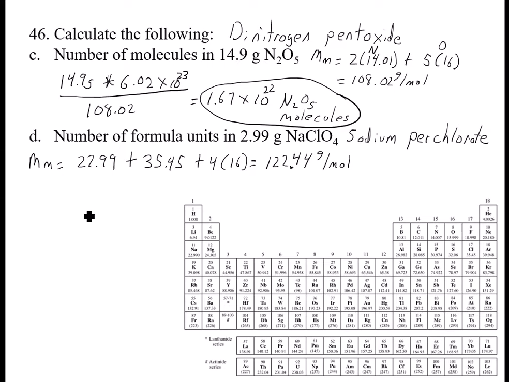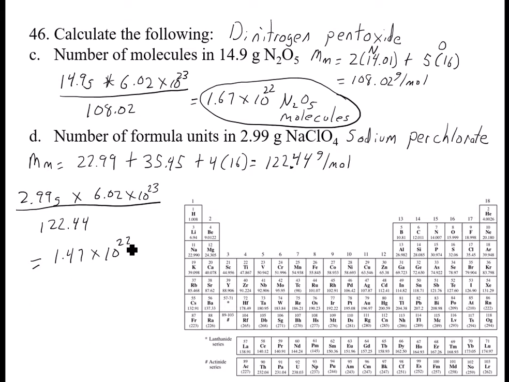So the formula is I take the mass given, 2.99 grams, times Avogadro's number, 6.02 times 10 to the 23rd, divided by the molar mass of 122.44, and this is equal to 1.47 times 10 to the 22nd formula units.